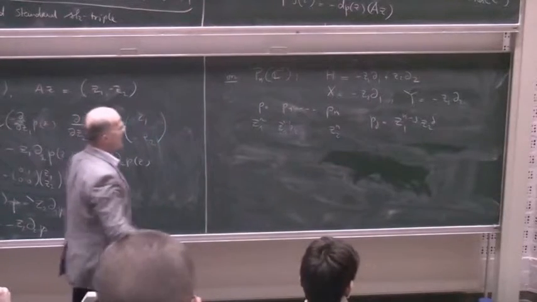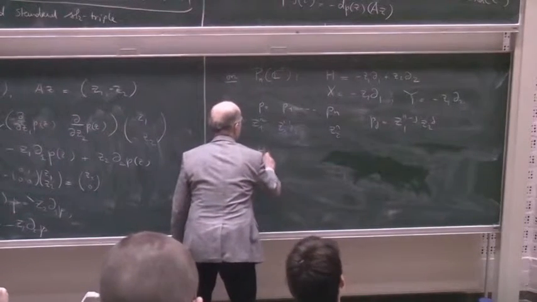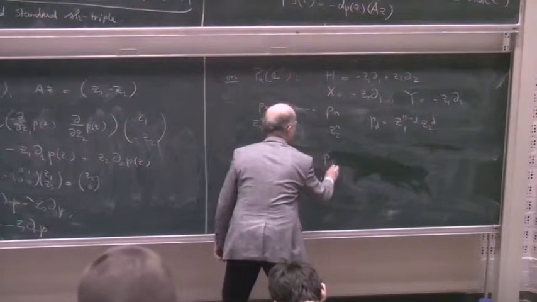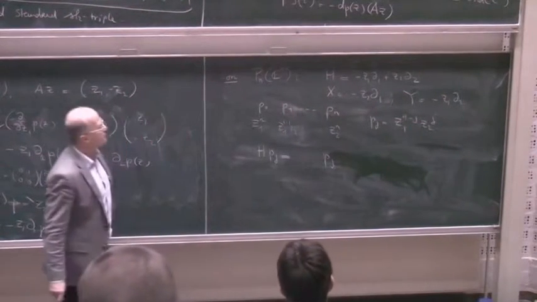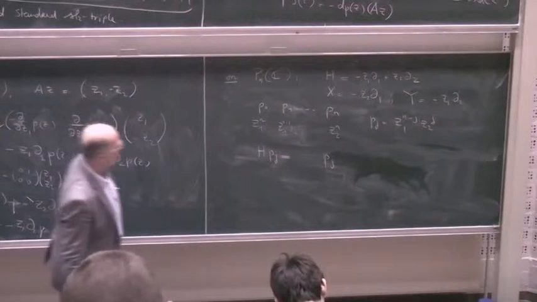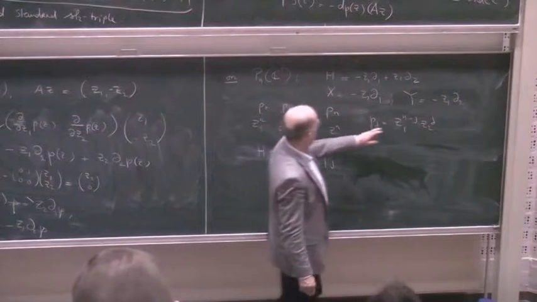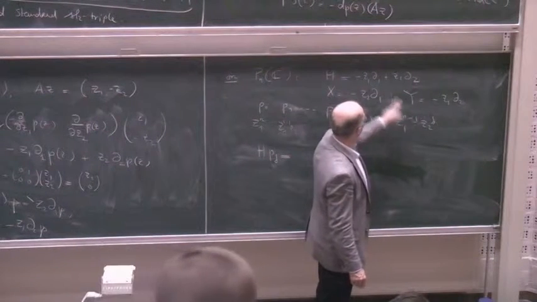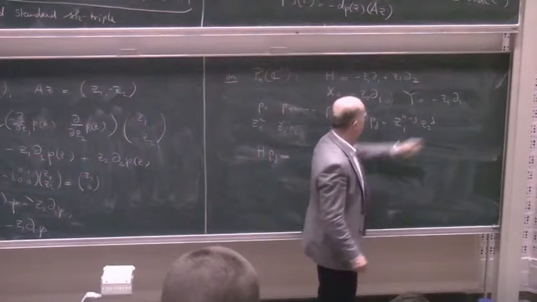So what we see is that H of pj is a certain scalar times pj. Now what is the scalar? Well, differentiating here gives n minus j as a factor in front, and with the minus it is j minus n, so j minus n.